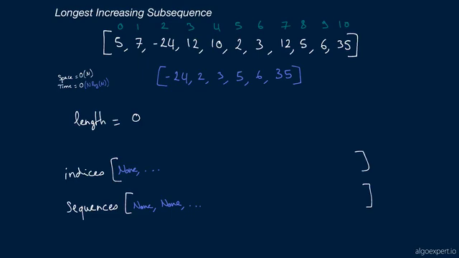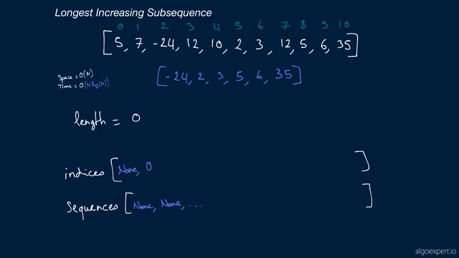So we're going to say indices at index 1, which is the length of the longest increasing subsequence that we can make, is going to be the current index that we're at, which is 0. So here, let's store 0.